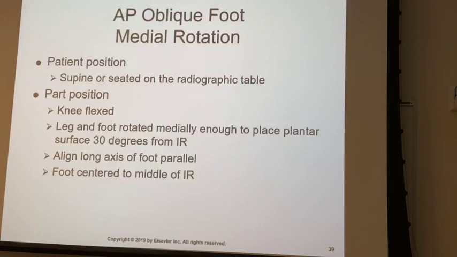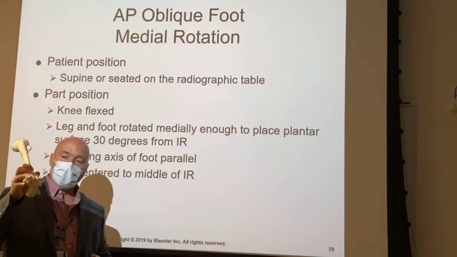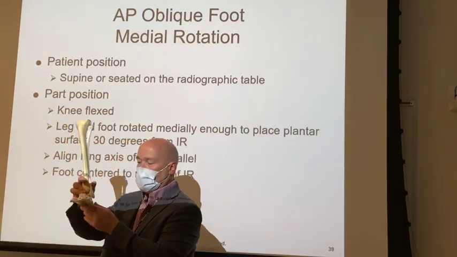All right? So medial rotation, again, is the same in that you've got a 30 degree to 45 degree oblique. Now watch what happens to both the toes and the foot when oblique.